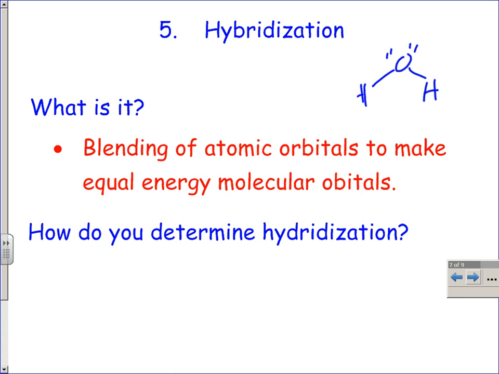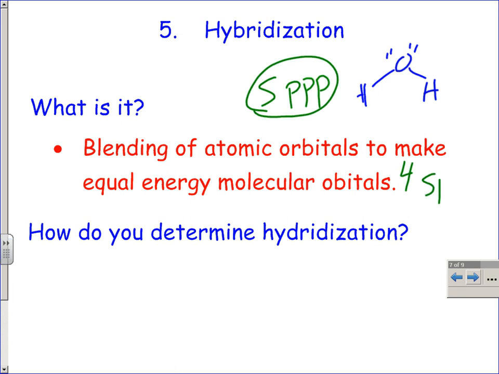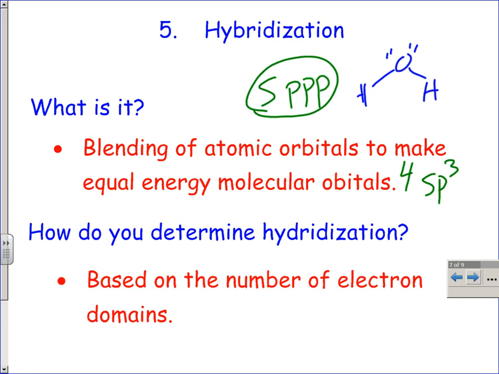Well, if I blended an s and 3 of my p's from before, that would give me a total of 4 equal energy orbitals. So they would blend to form 4 sp3 hybrid orbitals. So you need to understand that electron domains each have to be equal in energy. And how do you determine your hybridization? Well, just what we looked at. Remember, the key is it's based upon the number of electron domains.